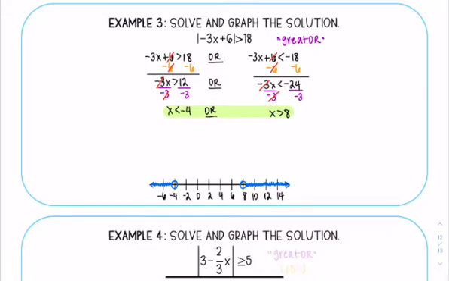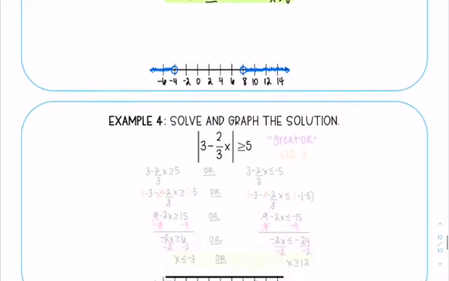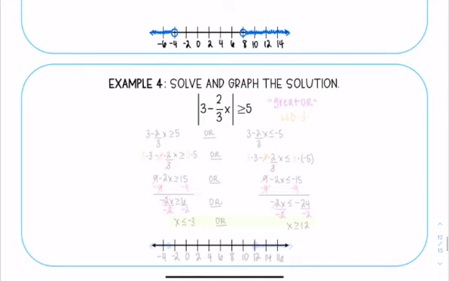And for the last one, we have the absolute value of 3 minus 2/3 x is greater than or equal to 5. So again, the absolute value is completely by itself, which is good. And we have a greater than symbol, which means this is going to be another OR inequality.